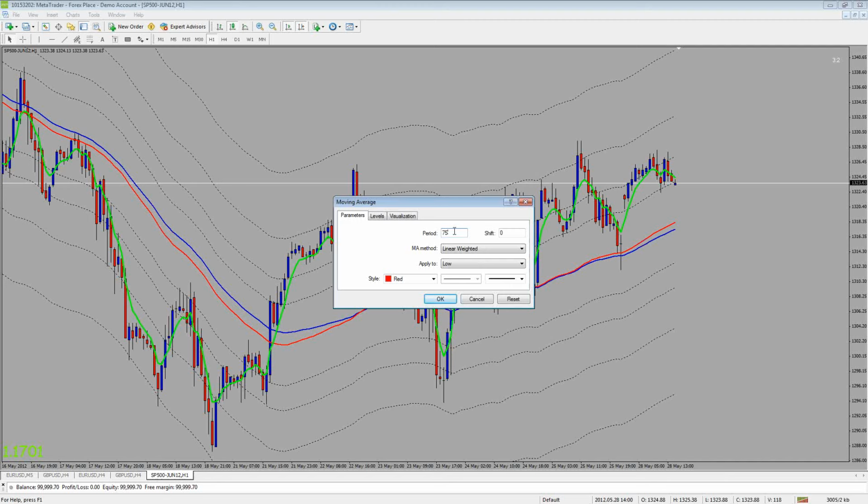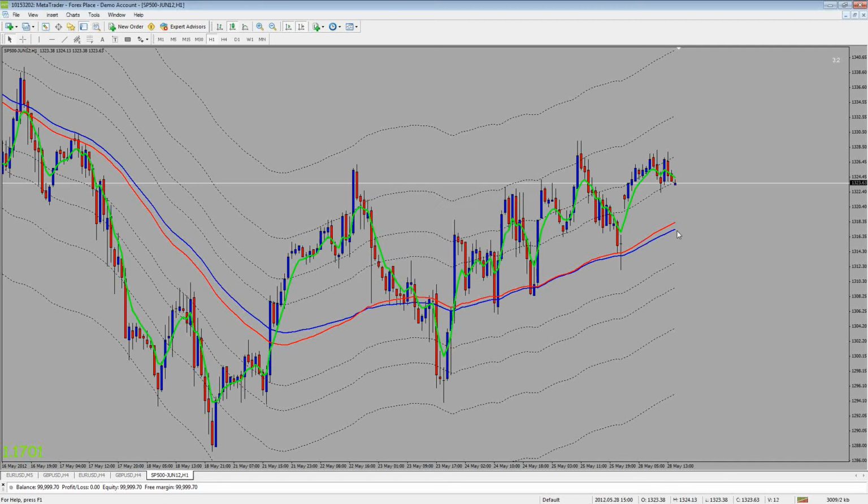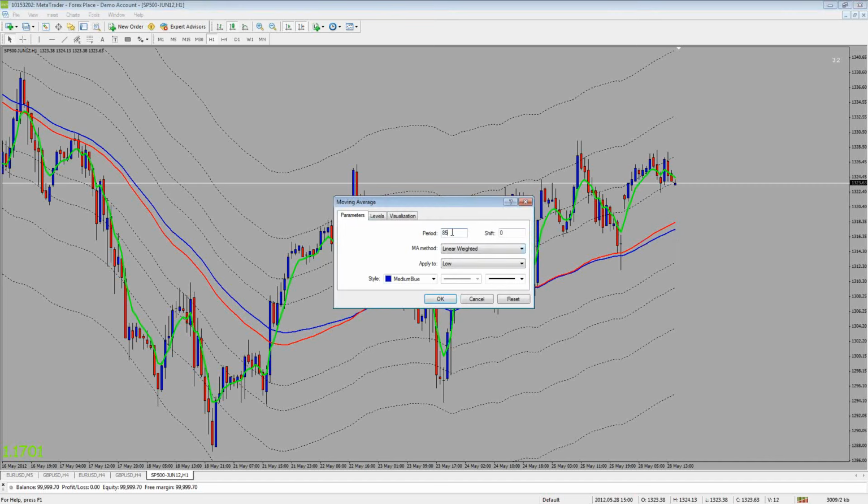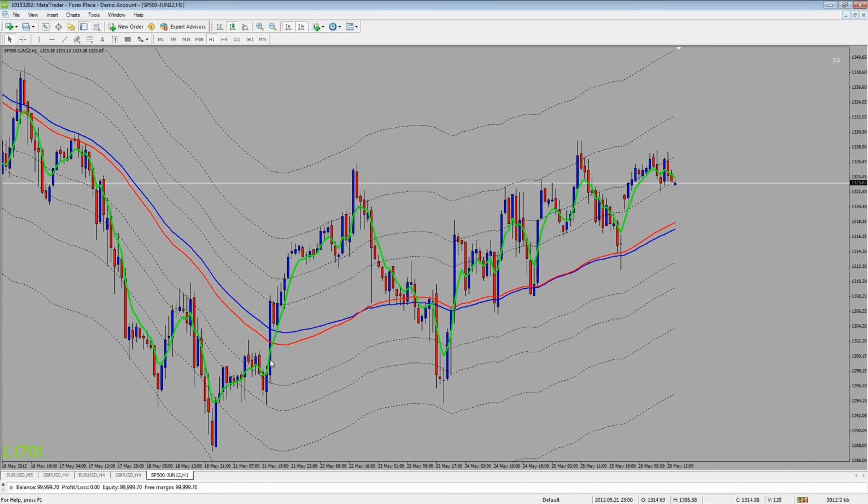And the second moving average is almost the same. It's the blue one here. It's the 85 linear weighted moving average applied to low. These two moving averages have several purposes. The first purpose is to serve as a baseline or a home baseline.